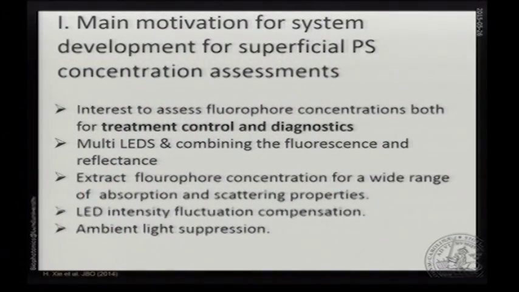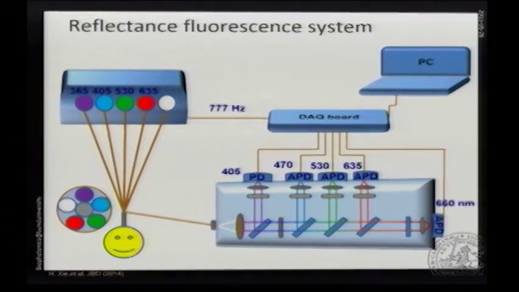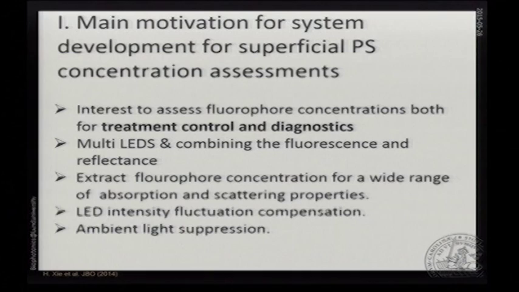So the idea here would be to work on treatment control and diagnostics. You can use it both for diagnostic purposes to know the absolute concentration, but you can also do it for treatment control for PDT.